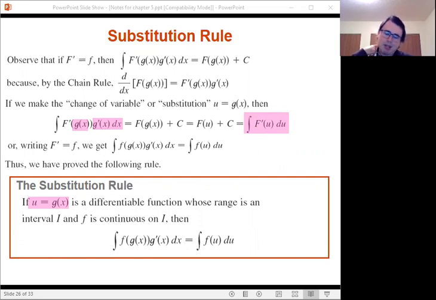I'm left with the integral of some function of u. At the very end of my calculation, I'll want to change back into x coordinates so I can make sense out of this problem. But this technique allows me to clean up integrals that are otherwise a bit more complicated than I'd like to think about.